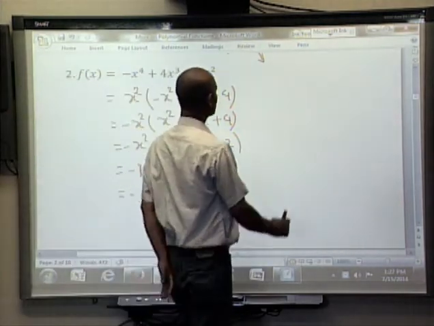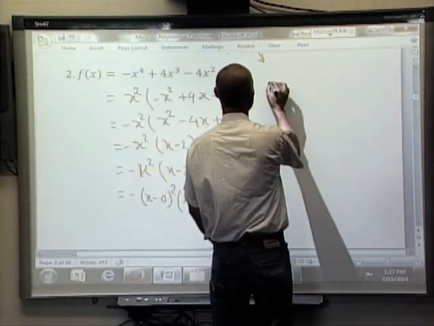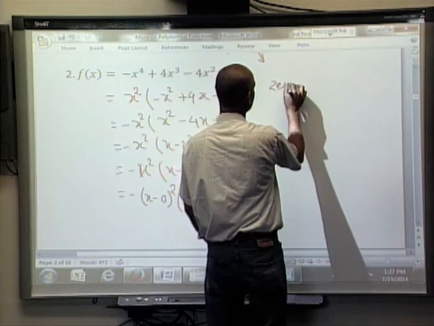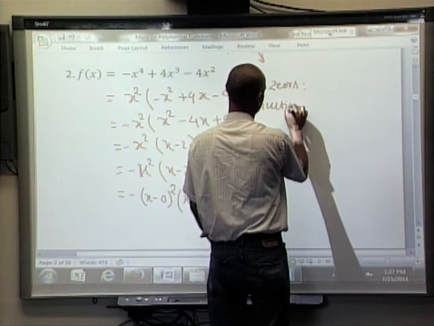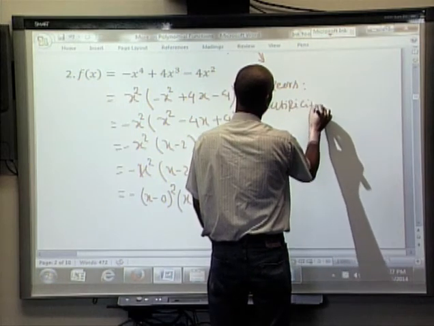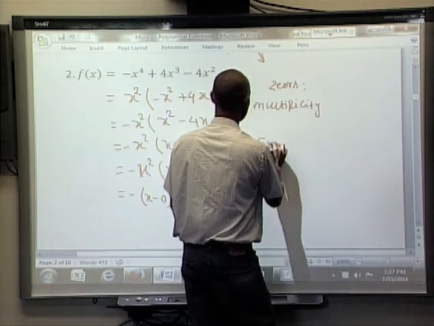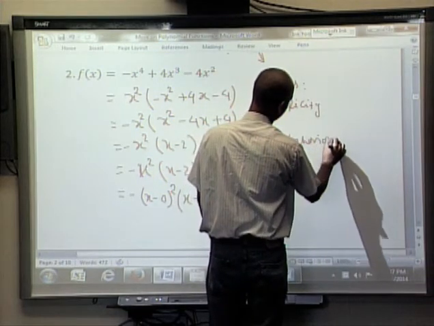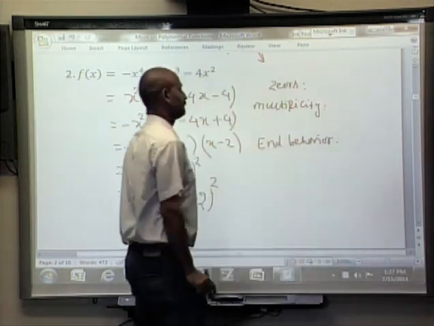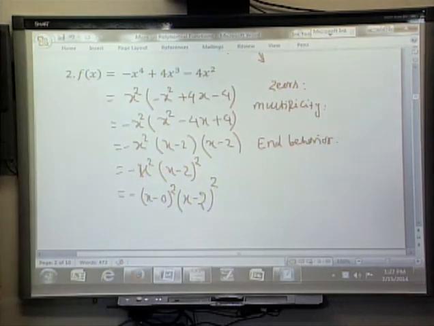Now, in order to sketch the graph, we will do as before: we will find the zeros, write down the multiplicity, and then note the end behavior. If I have these three pieces of information, we can have a rough sketch of this polynomial.